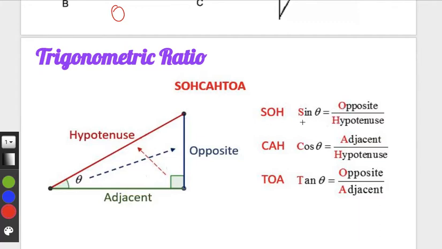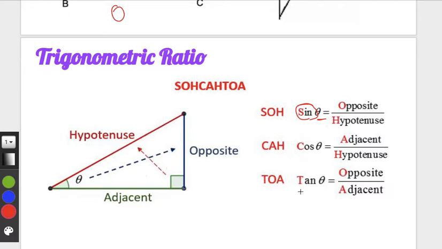And when we write down the ratio, we always put the name of the ratio in front and then follow with the angle. Next, do not read it as cos, it's cosine. Cosine theta is adjacent over hypotenuse. And as you can see here, since it's adjacent, it's A over H. And the name of the ratio is cosine, so that's why it's CAH.